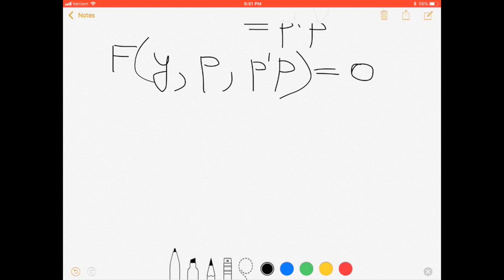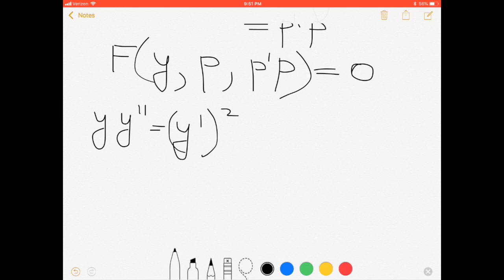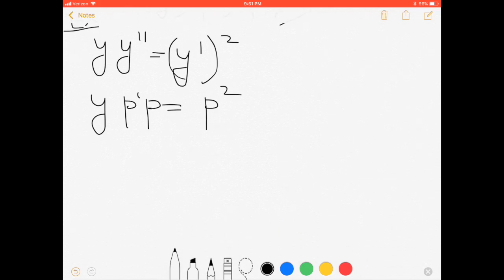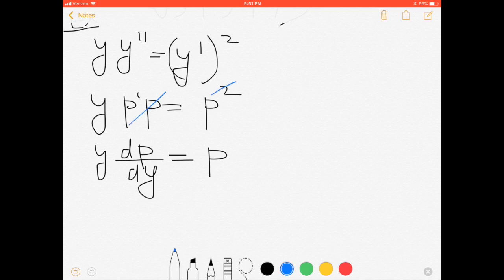Okay, doing some examples. For example, I have y second derivative equal y prime squared. This is our example. This means here I have y second derivative as p prime p equal y prime, which is p squared. A little bit simplified, you have y dp/dy. You remember y works here as the independent variable, equal p squared, and p I'm cancelling.